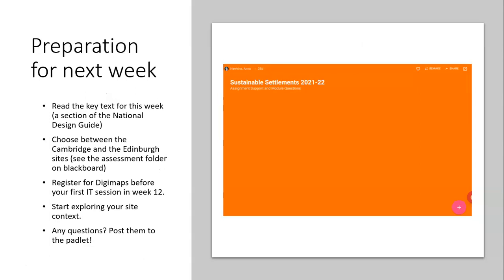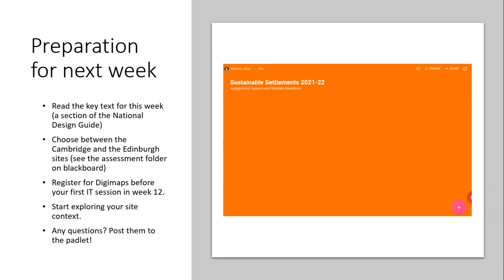So ahead of next week's session, your IT session, all this is also listed in the learning materials for next week. But what I'd like you to do is to read the key text, which is that section from the National Design Guide. Choose a site. So there are 2 sites available, Cambridge and Edinburgh. All the maps and information are available in the assessment folder on Blackboard. Choose which one of those 2 you're going to work on.